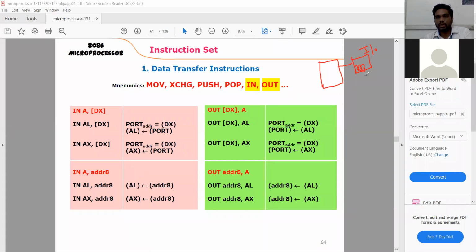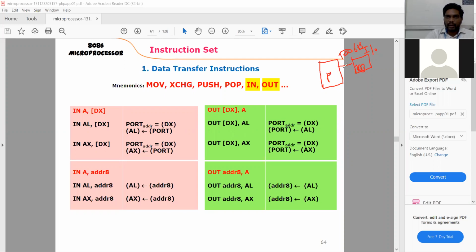Generally, keyboard is an input device. As far as the knowledge we have, keyboard is the input device to any computer, right? So this keyboard will be interfaced with the processor through a port.